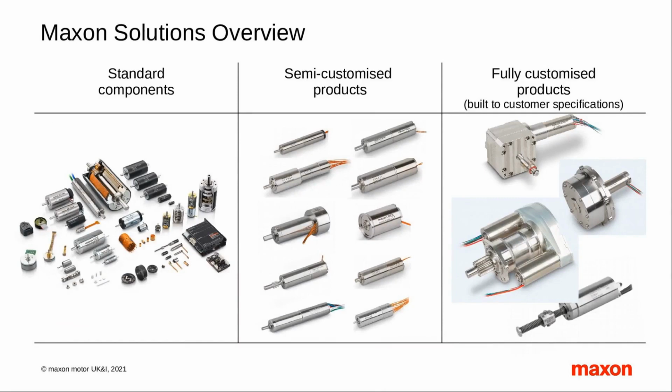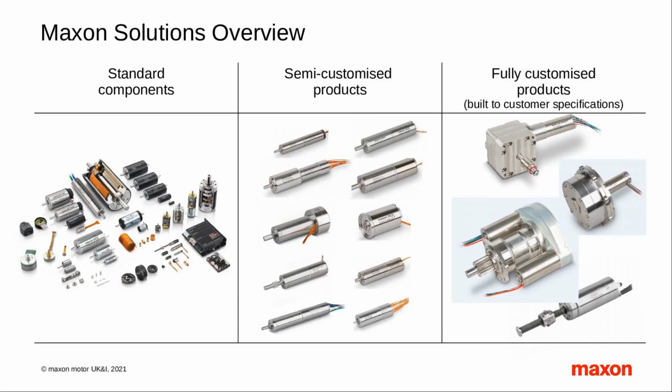So here's a nice picture of typical Maxon type products. All of these products could be used in relevant to lab automation, whether it's catalog motors, gearboxes, encoders, etc., or customized in some way. Most people want a customized product in some form or another.